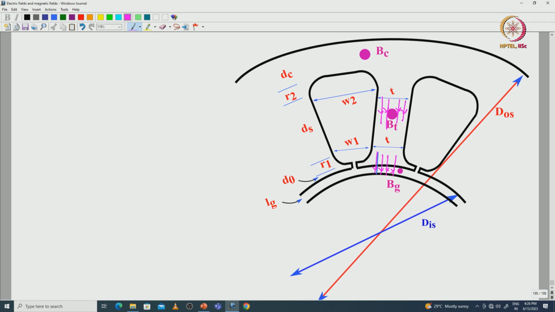So, we have to calculate the area perpendicular to this portion, here also perpendicular to these magnetic flux lines, and in the core the same flux lines are coming in both directions, right. This side phi by 2 and this side phi by 2 will be there. We have to calculate the cross sectional area with respect to this particular point.